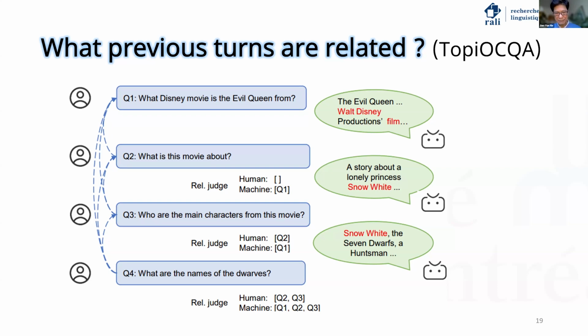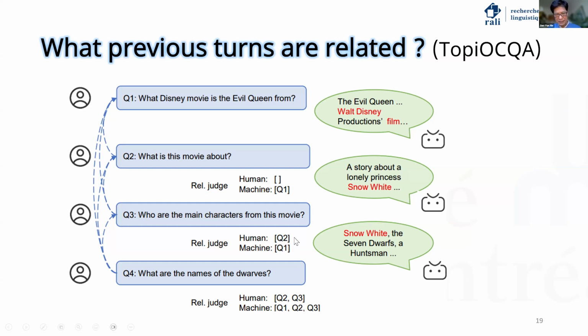So we have this manual annotation here. And for the second query, the manual annotator says that the first query is not connected. So there is no relation. And for the third query or question, the manual annotator said that the second question is related to the third query. So we have here the manual annotation.